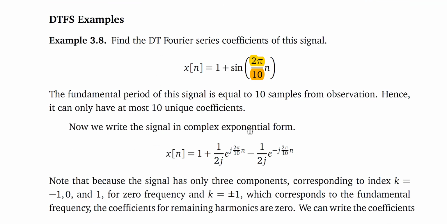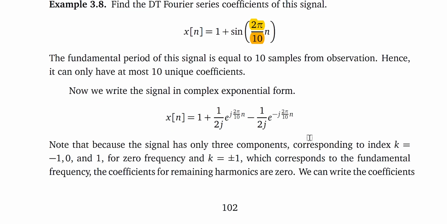So we can write this signal in complex exponential form. It's just a sine, so it's 1 over 2j positive exponential minus 1 over 2j negative exponential.